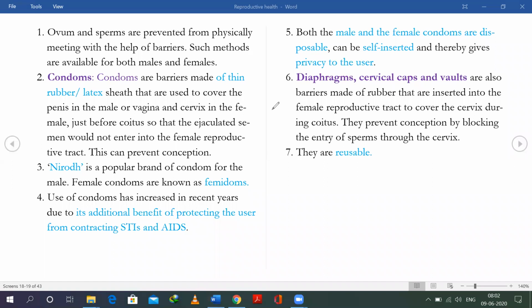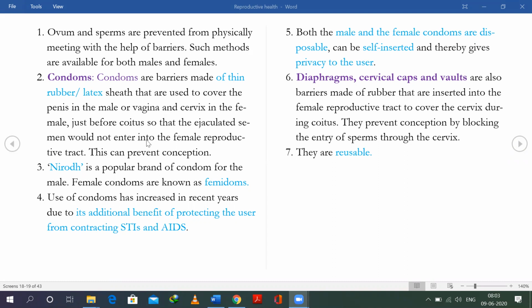So one of these barrier methods is the condom. The condoms are there for the males, and the female condoms are also there. A condom is a thin rubber or latex sheath that is used to cover the penis in the case of males, and the vagina as well as the cervix in the case of females, just before the coitus.